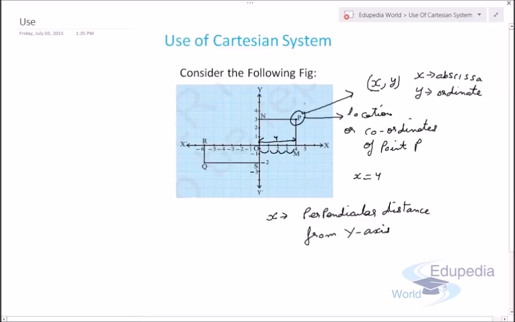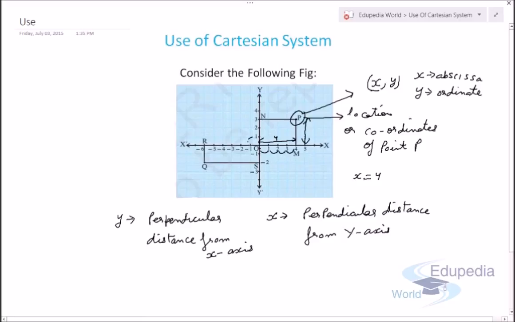And for y, it is the perpendicular distance from the x-axis. The perpendicular distance from the x-axis means this line, this part from the origin.